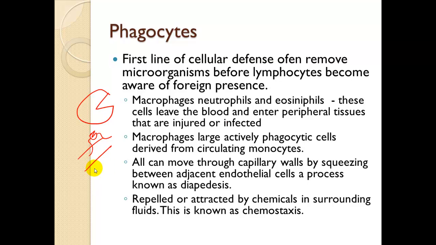So they can move in and out of the vessels and the capillary walls very easily. And with chemotaxis, they can either repel or attract; they essentially throw up the flag for "I need assistance here." So as they're releasing these chemical signals, other white blood cells are seeing that and headed that direction.